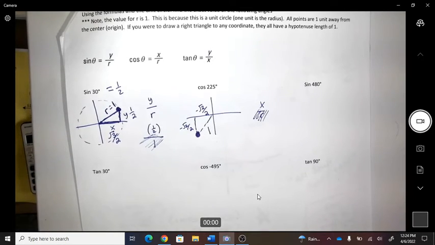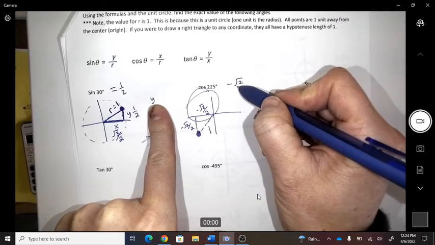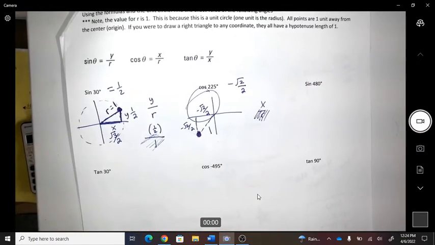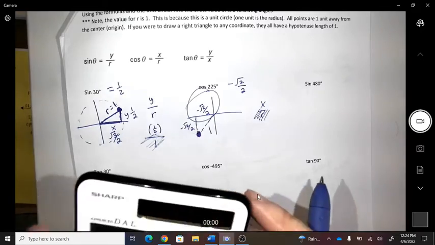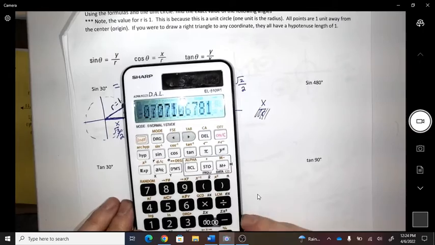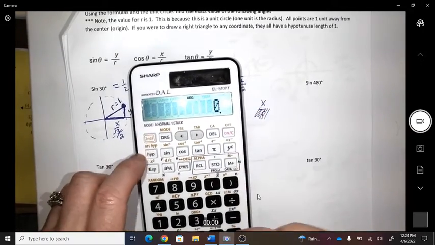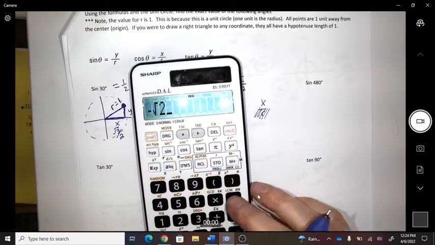So basically, I just want the x number. So negative root 2 over 2. Again, you don't have this luxury, but what is the cos of 225? Negative 0.707.